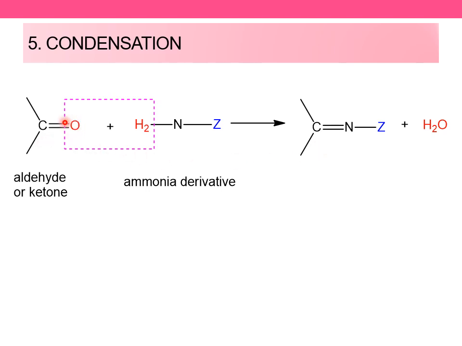So the oxygen comes off from the carbonyl group, and then 2 hydrogen atoms come off from the ammonia. So here we can see there is a Z group attached directly to N, and then N will be attached by a double bond to the original carbonyl carbon.